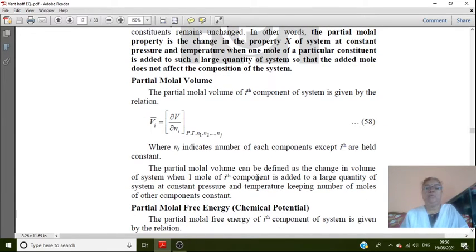The partial molar volume can be defined as the change in volume of the system when 1 mole of the ith constituent is added to a large quantity of the system at constant pressure and temperature, keeping the number of moles of other components constant.